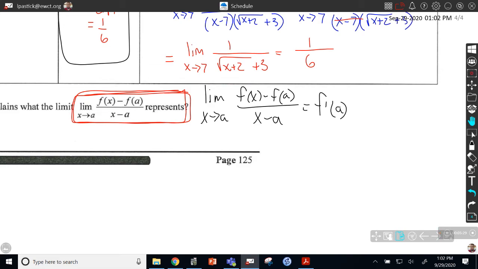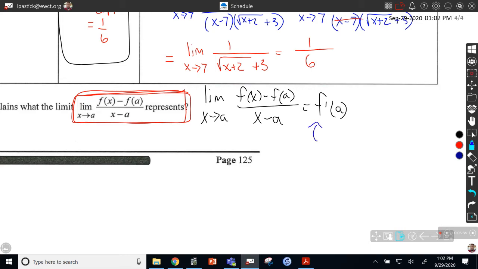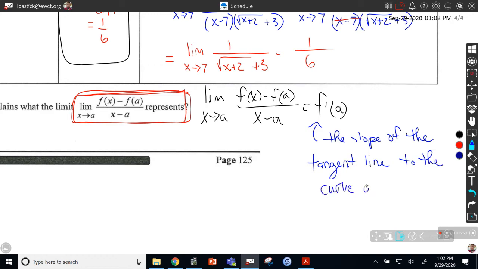F prime of a, very specifically, is the slope of the tangent line to the curve of f of x at x equals a.